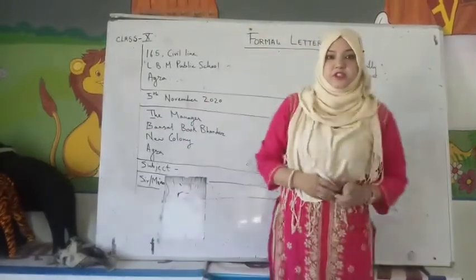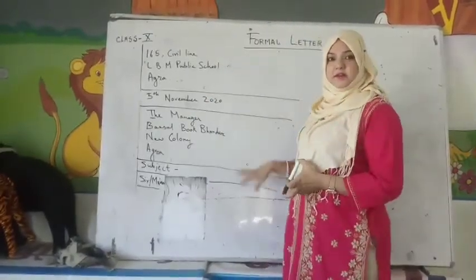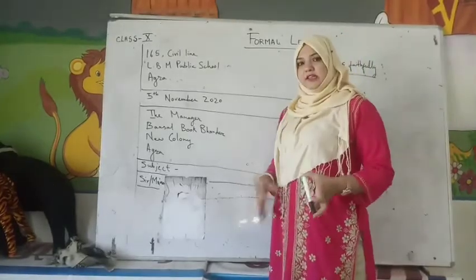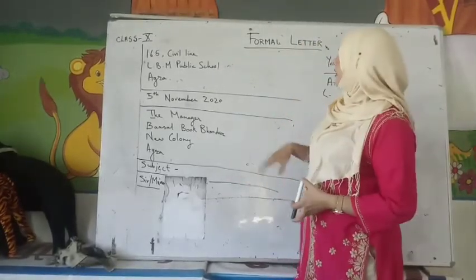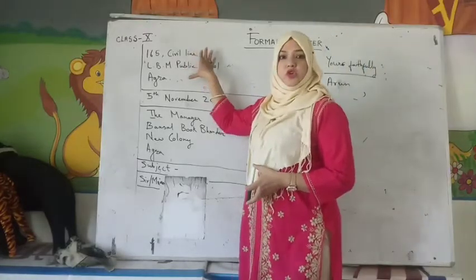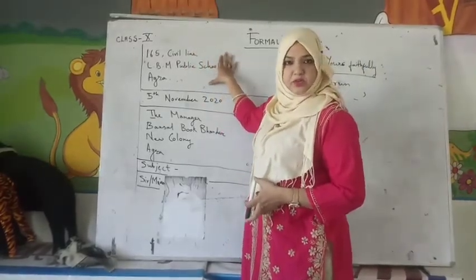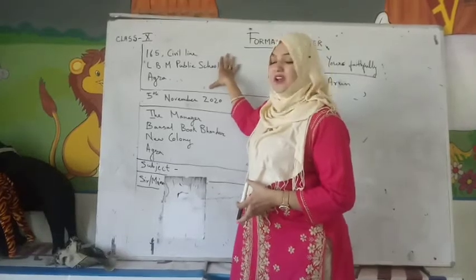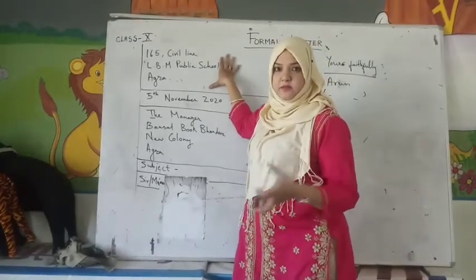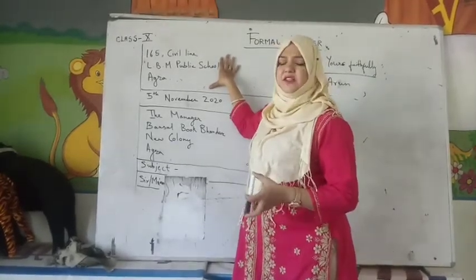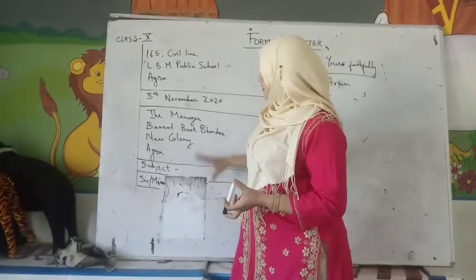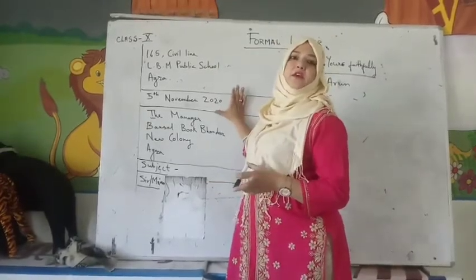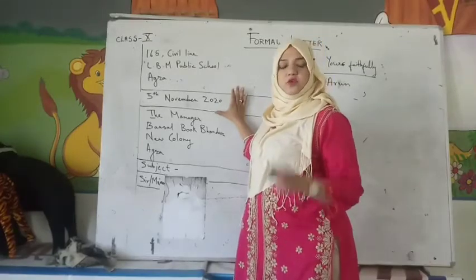Clear? Now this is the format of your letter. I'll explain to you again. The first thing that comes is your address, the person who's writing. That will be given in the question. Remember, in a letter, all the things are already given in the question.